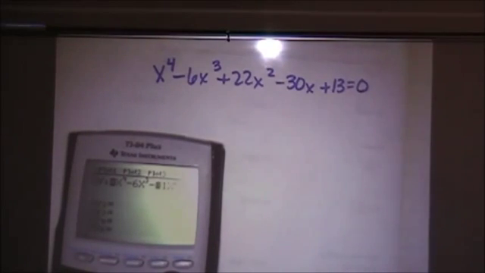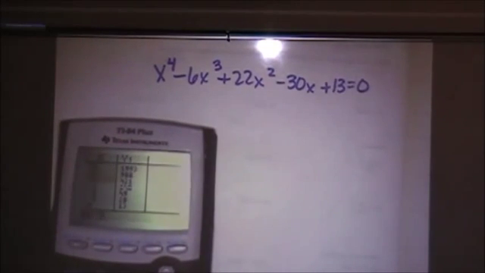Oh my goodness. If I'll ever get it in here. Minus 30x plus 13. Going to my table to look for a 0. Uh-oh. Doesn't look like I have one.